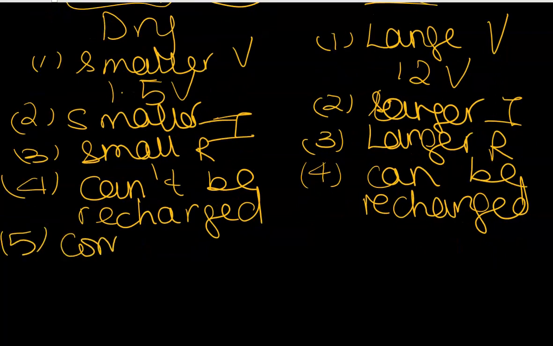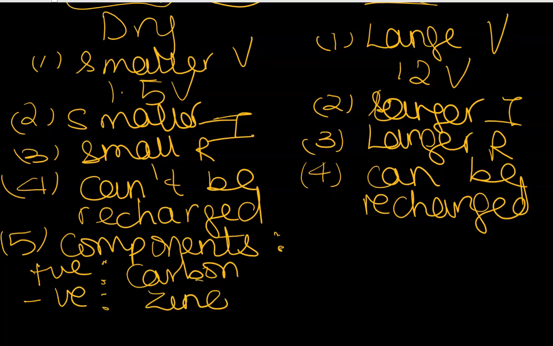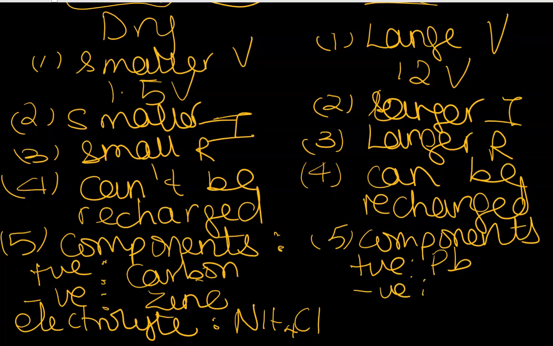And you have different components. If you have done electrolysis in the past, this is basically using that concept. For the primary cell, you would have your positive electrode being a carbon rod, your negative electrode being a zinc casing, and an electrolyte being ammonium chloride. For the secondary cell, your positive electrode is lead oxide, your negative electrode is lead, and your electrolyte is sulfuric acid.